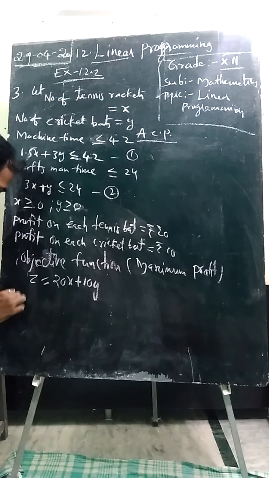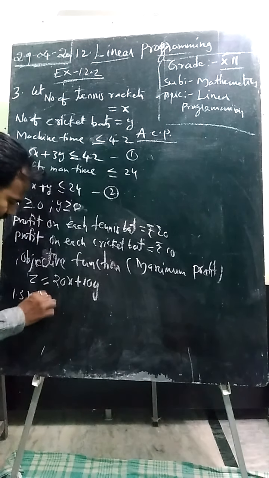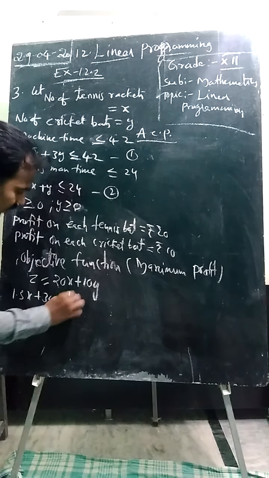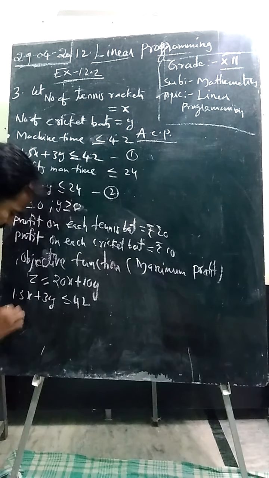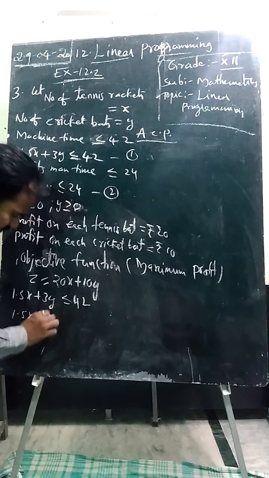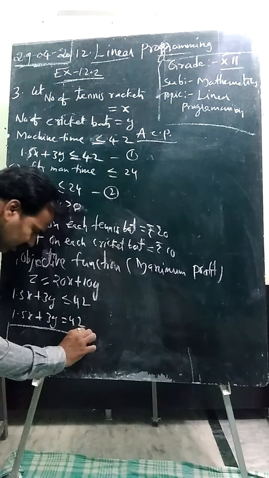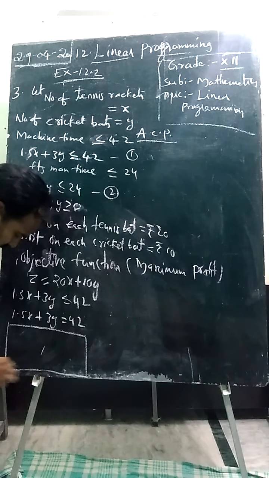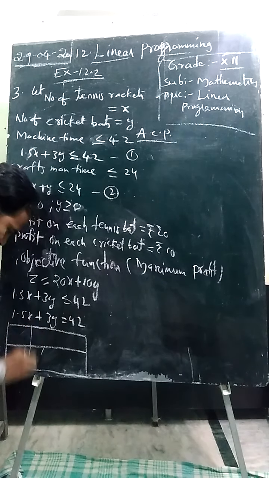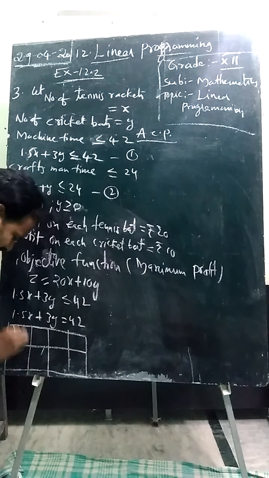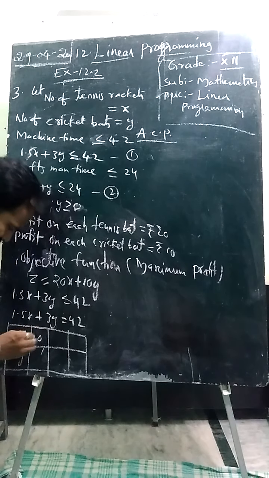Equation 1 is given: 1.5x plus 3y less than or equal to 42. I mean, 1.5x plus 3y is equal to 42. Frame the equation. Here, very important students, be a little careful while doing this. We generally find one x-axis value and one y-axis value.